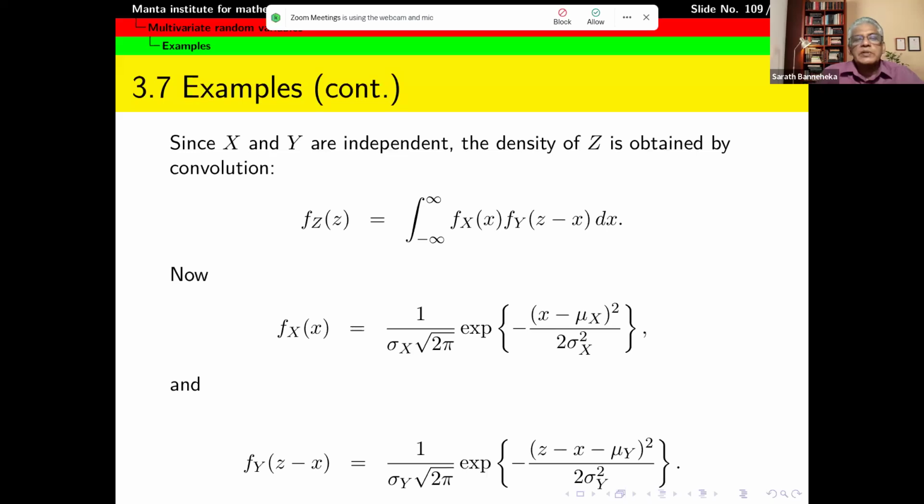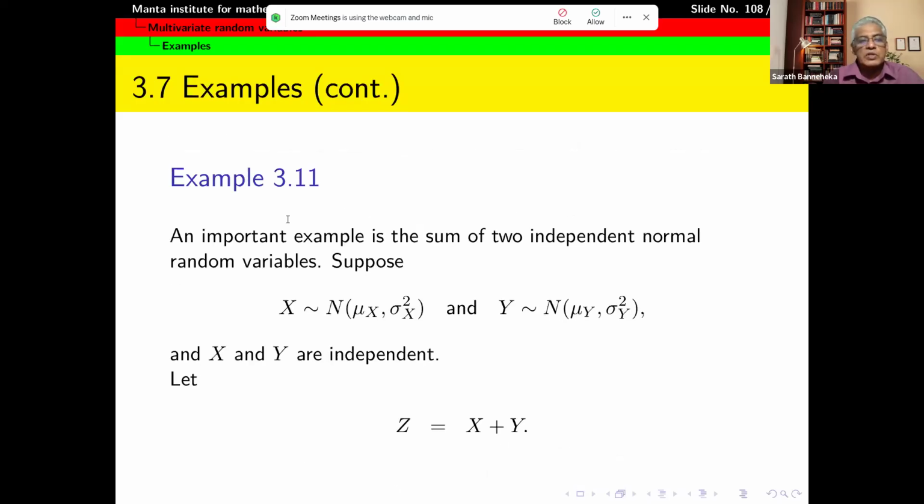Since x and y are independent, the density of z is obtained by the convolution formula. For that, we need the density function of x evaluated at x and the density function of y evaluated at z minus x. With this information, x has a normal distribution with mean mu x and variance sigma square x.